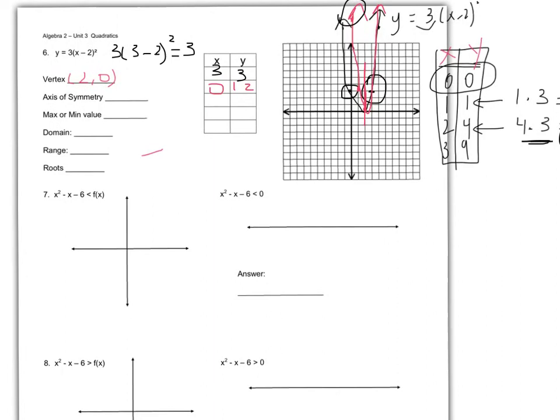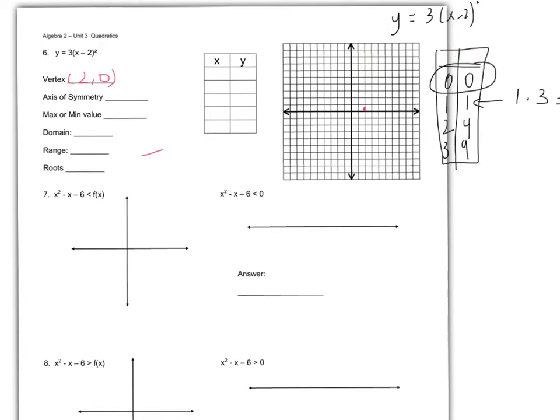Now let me just erase the graph and draw a better one. Okay, so this point over here has to be removed. So you have to go up 3 and 1 to the right. So it has to be somewhere over here, and the symmetrical point is going to be somewhere over here.